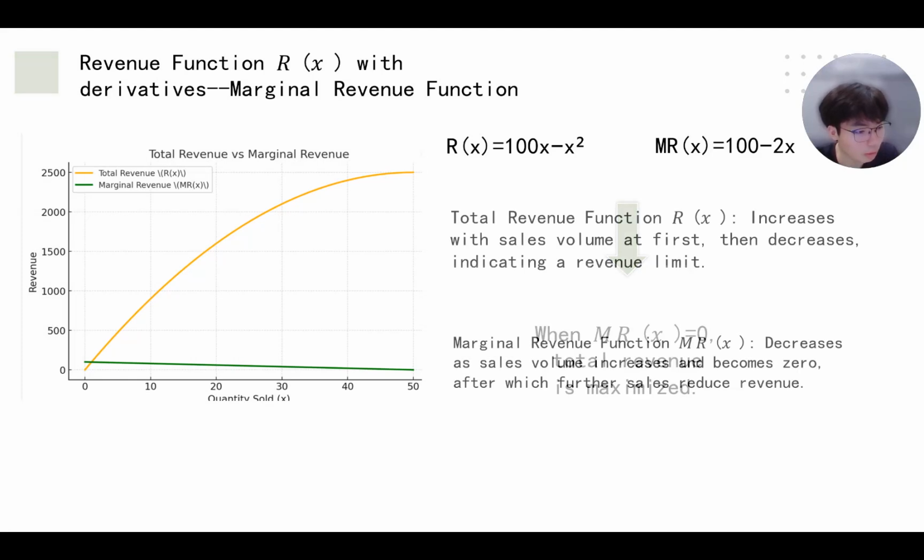If the revenue function is R(x) equals 100x minus x squared, then MR(x) equals 100 minus 2x. This means selling the 6th unit adds 88 units of revenue. In summary, the marginal revenue function helps determine the most profitable production level and highlights how revenue growth changes with output.